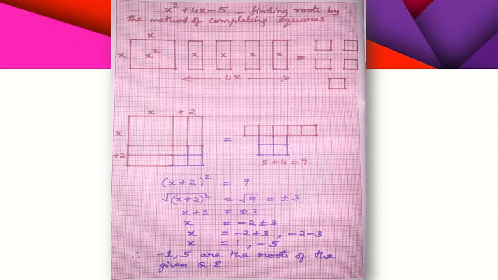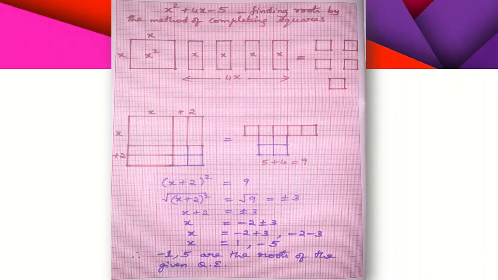We have arranged one square of side x and 4 rectangles, 2 on the right side and 2 below the square. But here you can observe that the 4 unit square places are empty, so the square is not completed.